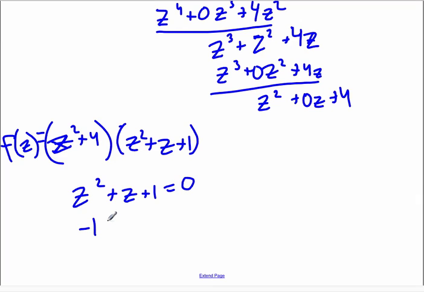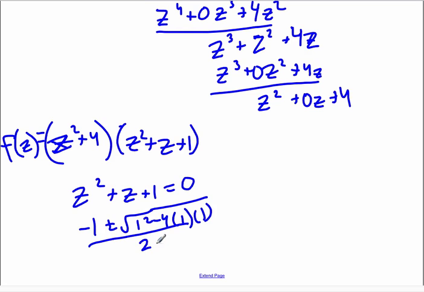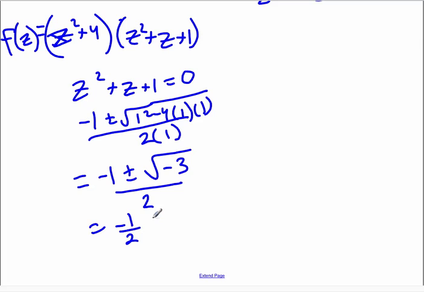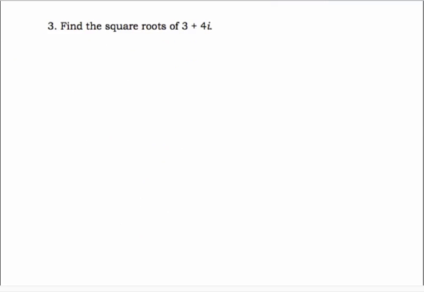So we're going to have negative 1 plus or minus root 1 squared minus 4 times 1 times 1, over 2 times 1, which equals negative 1 plus or minus root negative 3, over 2. So the real part is going to be negative half plus or minus root 3 i over 2. So these are our other two roots.